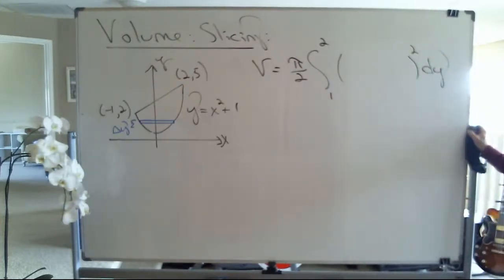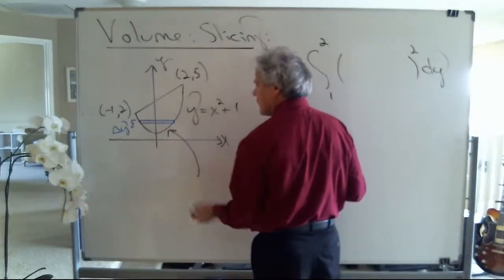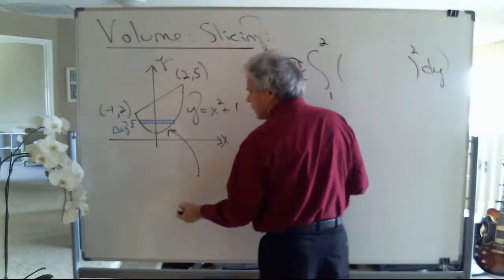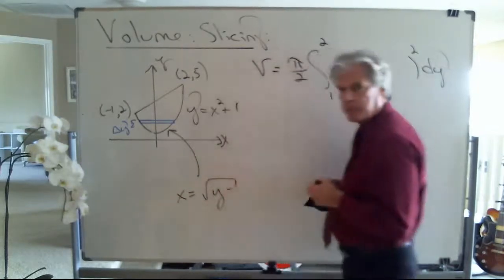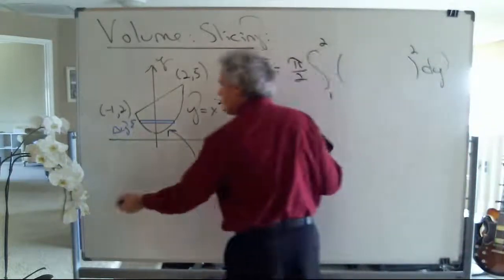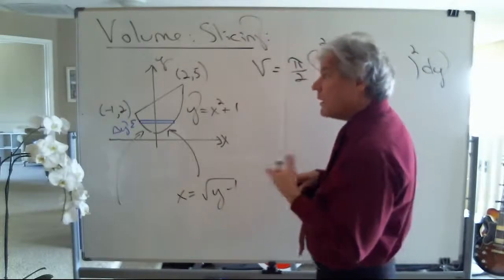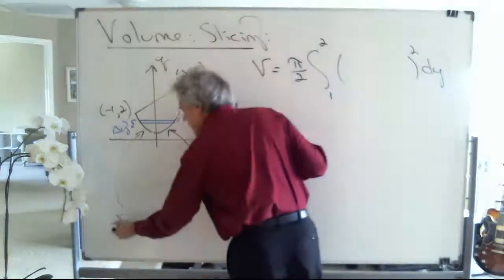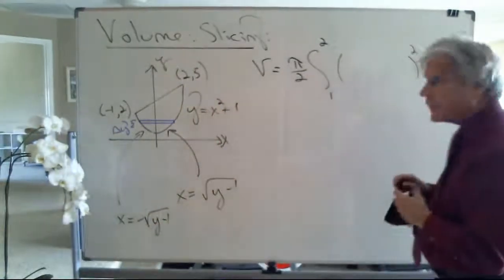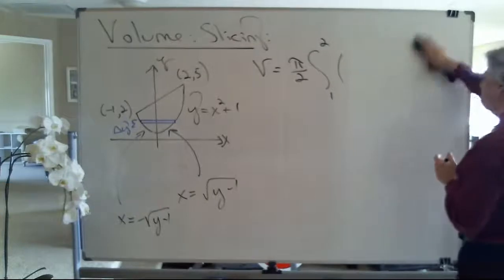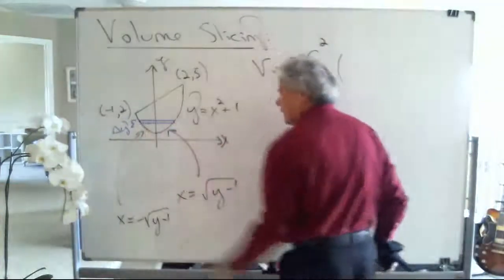Now, as far as the radius is concerned, notice how this curve right here, the right-hand portion of the parabola, can be describing a function for x in terms of y, namely this one. Whereas this curve over here, that is to say, the portion of that parabola in the left-hand plane, describing x as a function of y for that curve, I see that x is this. So it looks to me like the diameter of the semicircle is this large x value here minus a small x value here.